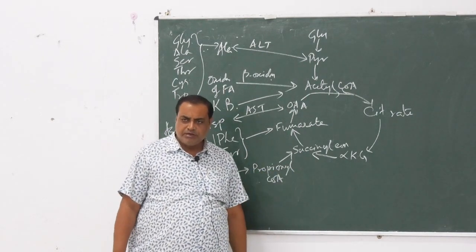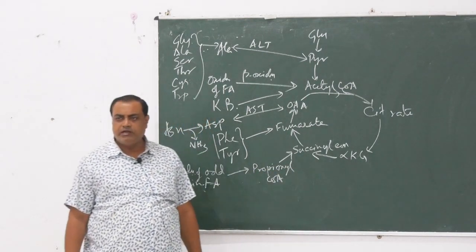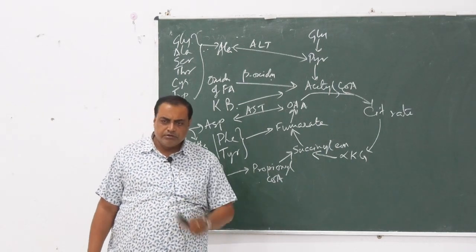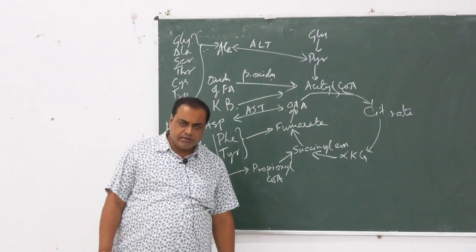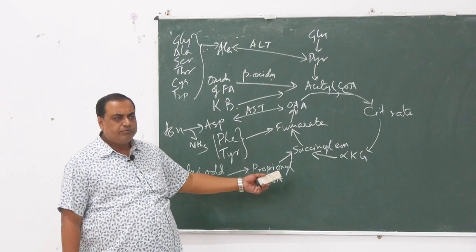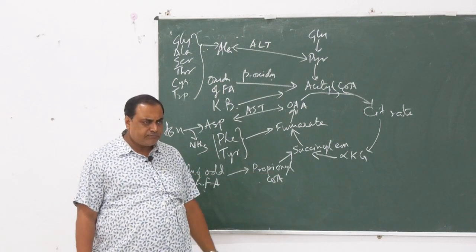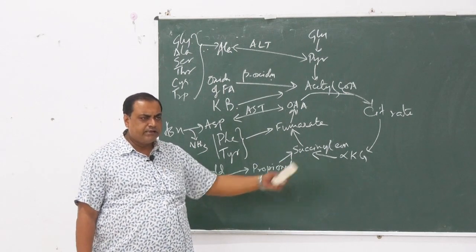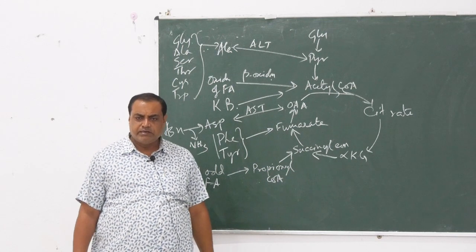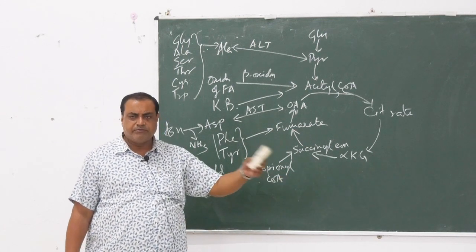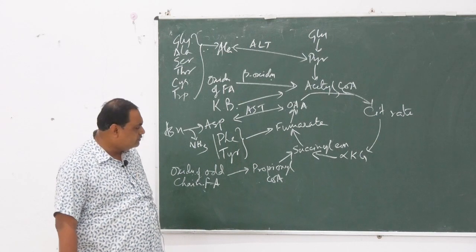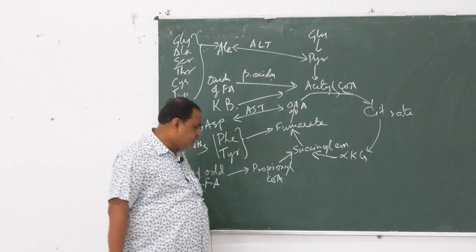Propionyl-CoA to D-methylmalonyl-CoA, D-methylmalonyl-CoA to L-methylmalonyl-CoA, L-methylmalonyl-CoA to succinyl coenzyme A. First one is propionyl-CoA carboxylase, which requires ATP and biotin, and the second one is racemase, and the third one is isomerase. The third one requires vitamin B12 also.